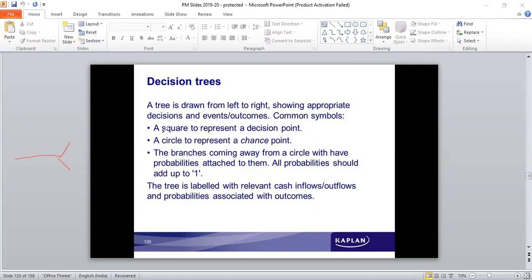Common symbols are, remember this one: a square is used to represent a decision point. A circle is used to represent a chance point. The branches coming away from a circle have probabilities attached to them. All probabilities should sum to 1. We know that part. The tree is labeled with relevant cash flows, cash inflows and cash outflows.